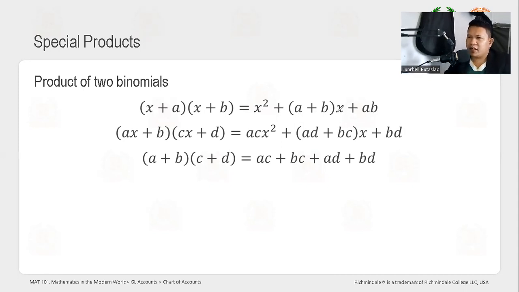As you can see here, it is literally there is a plus b in the middle, but it's the same thing. So x times x, that's x squared. x times b, that's positive xb. a times x, that's positive ax.